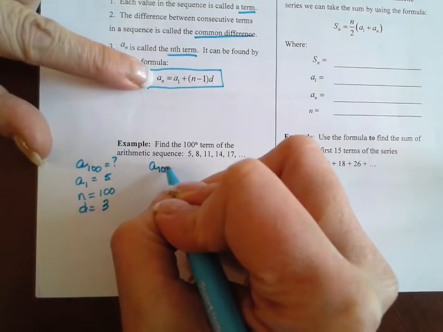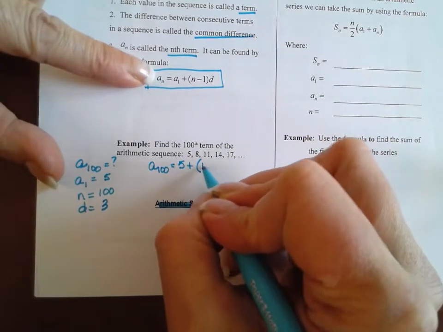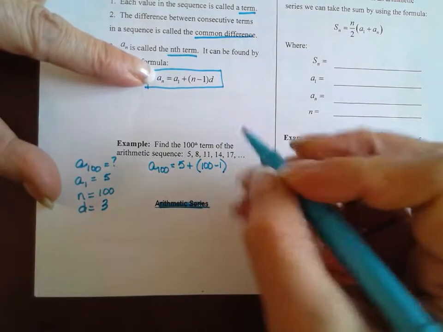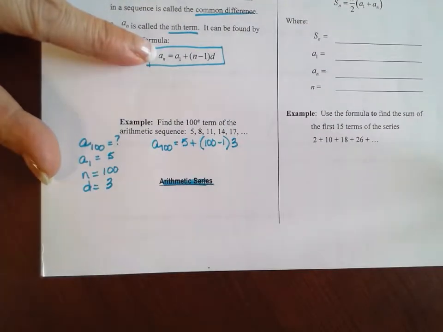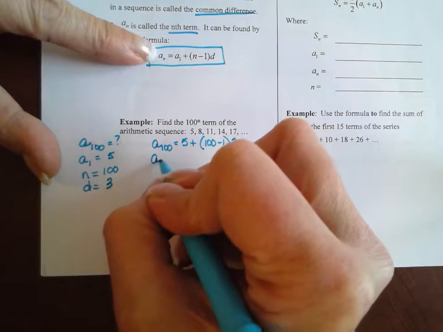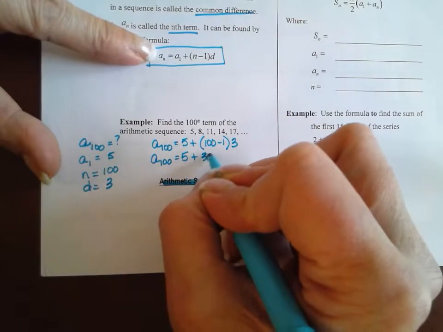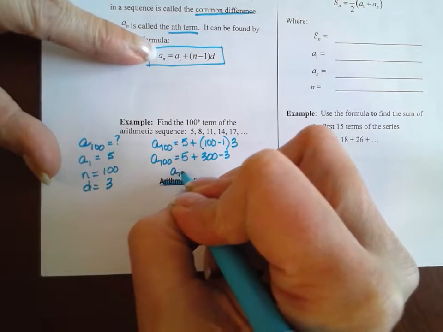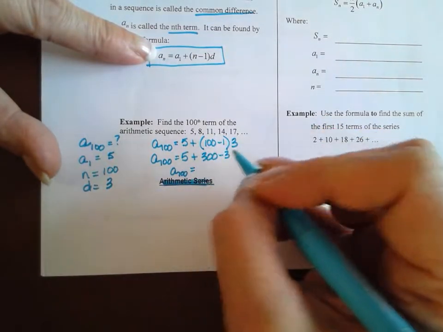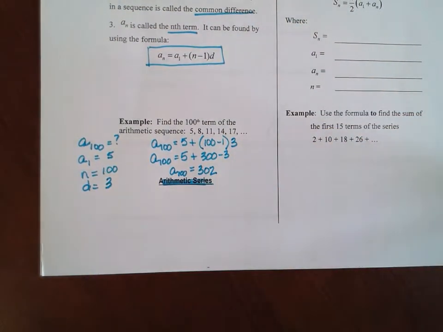So a sub 100 is equal to 5 plus 100 minus 1 times 3. And when I multiply, I'm going to get 300 minus 3. And add them all up, I'm going to get that the 100th term in my list is 302.